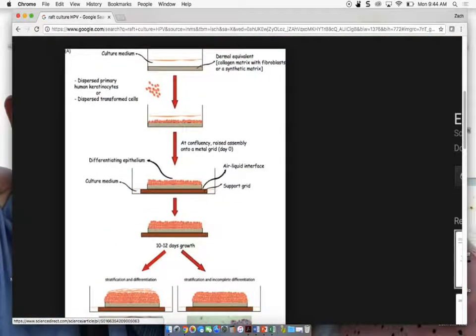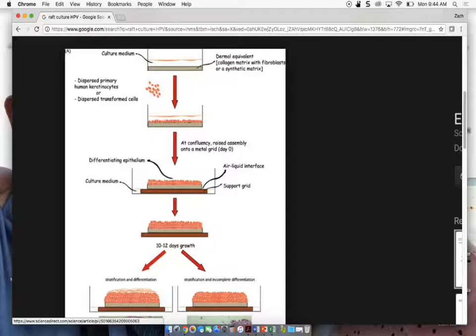So one of the challenges up until a couple of decades ago was how do we actually grow HPV in cell culture and watch this process through differentiation of epithelial cells? The method that's used now is known as a raft culture, R-A-F-T. In this, you first take your cells and grow them at the bottom of a plate.